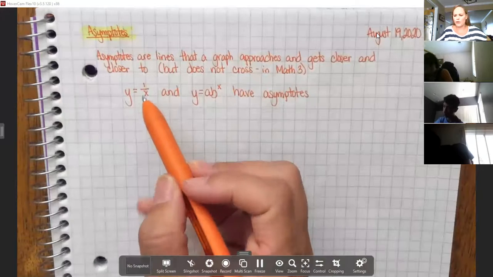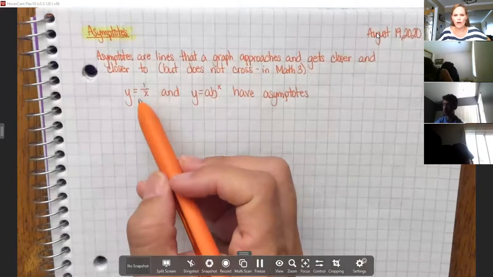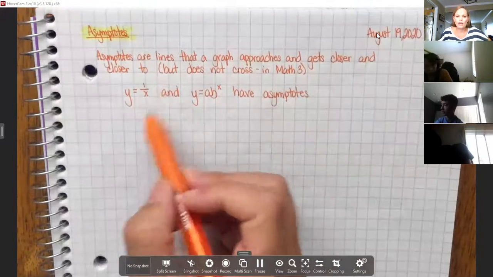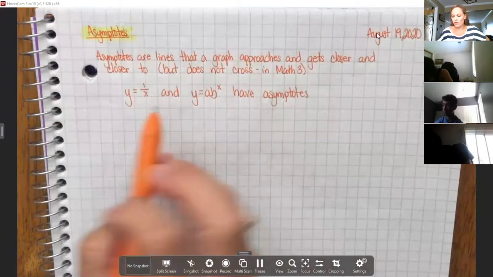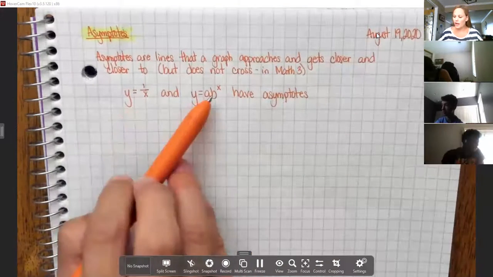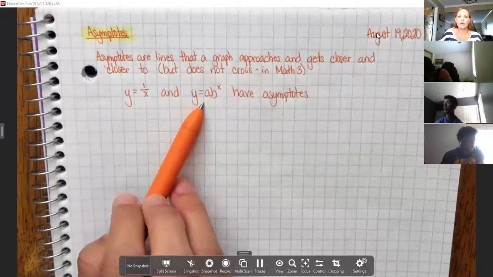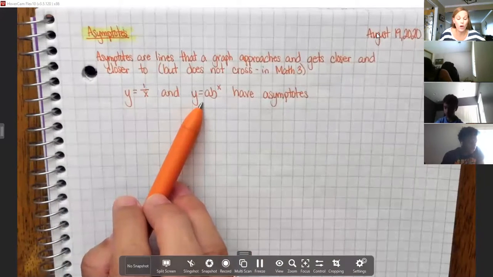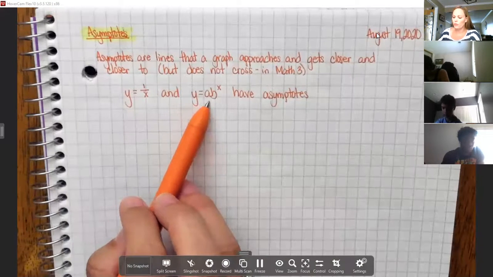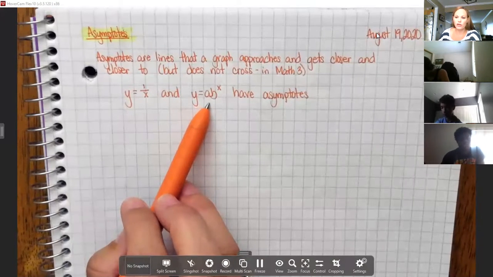I think you had one in your homework last night that was 2 over x. So anything of this form is going to be those two pieces that we saw yesterday, and then y equals ab to the x, hopefully we remember from math 1, which is going to be your exponential equation.